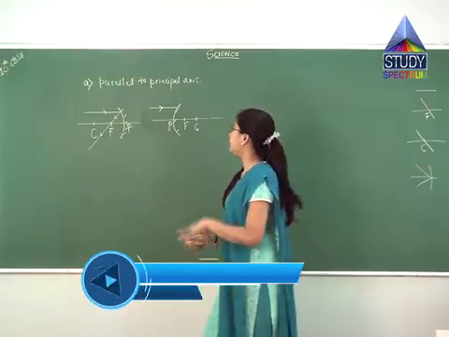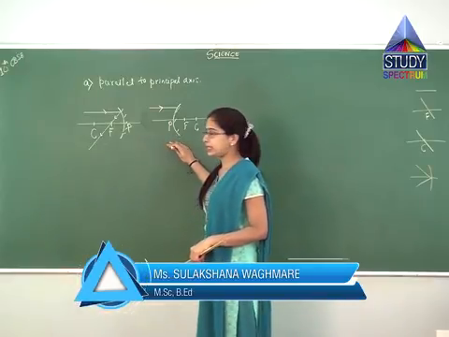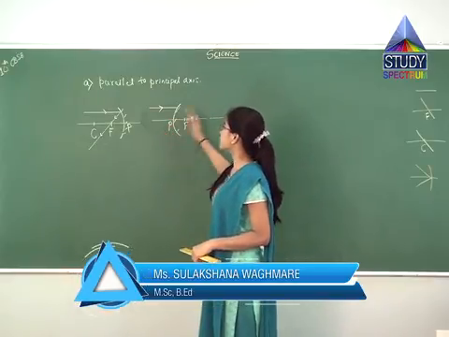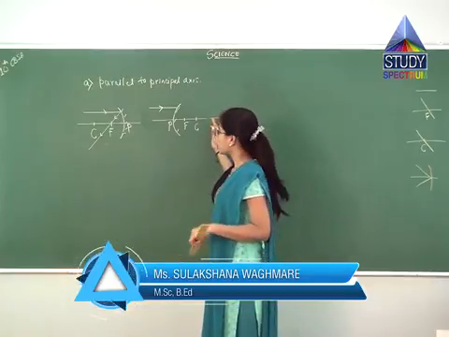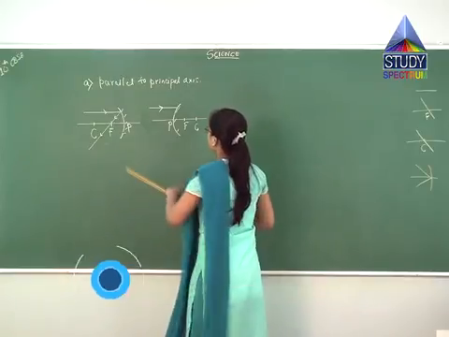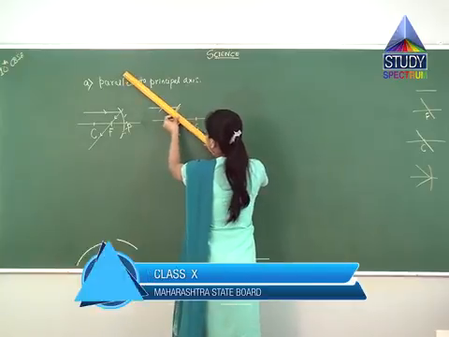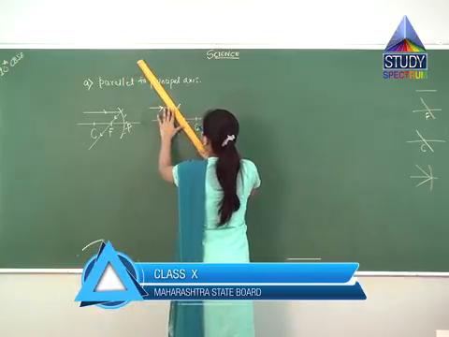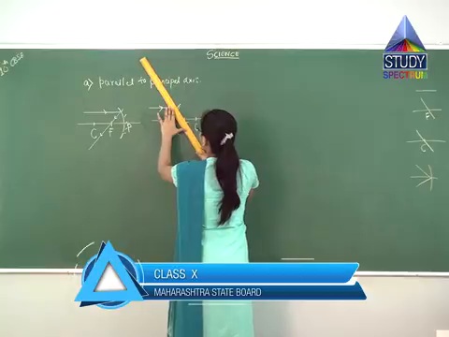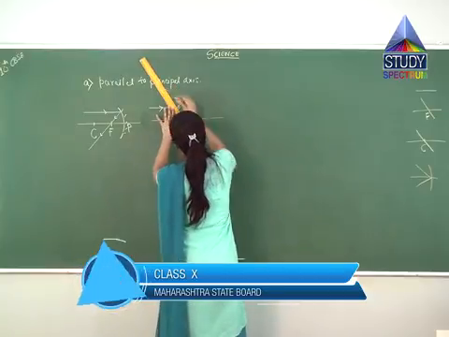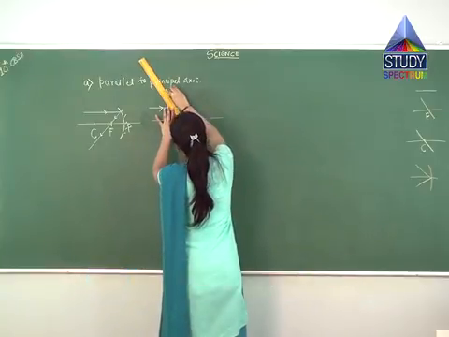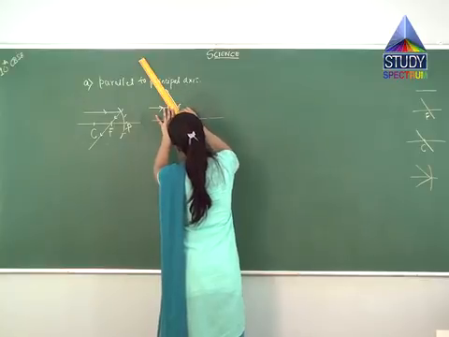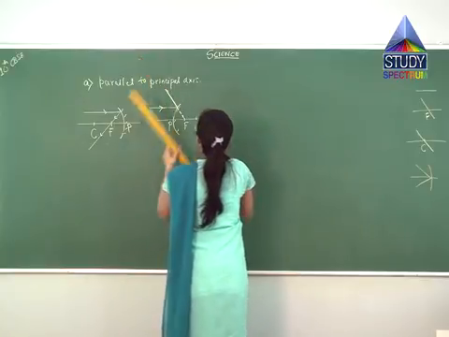In the case of a convex mirror, your focus is on the opposite side. So here you will see that the reflected ray appears to emerge from the focus like this.